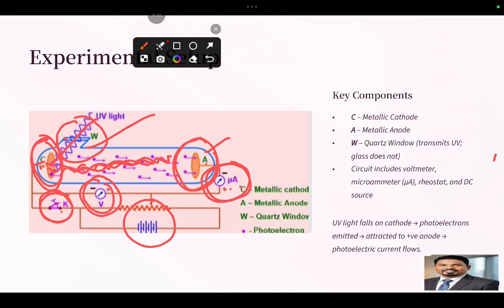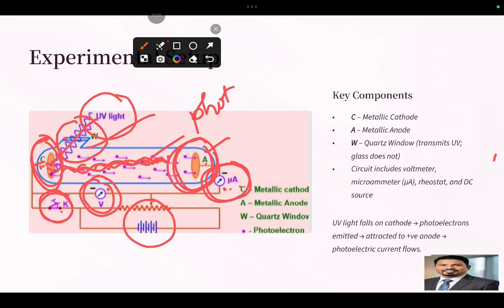These electrons, which are produced because of the UV light, are called photoelectrons. They are transmitted towards the anode plate because the anode is the positive terminal plate, whereas the cathode is the negative terminal plate.